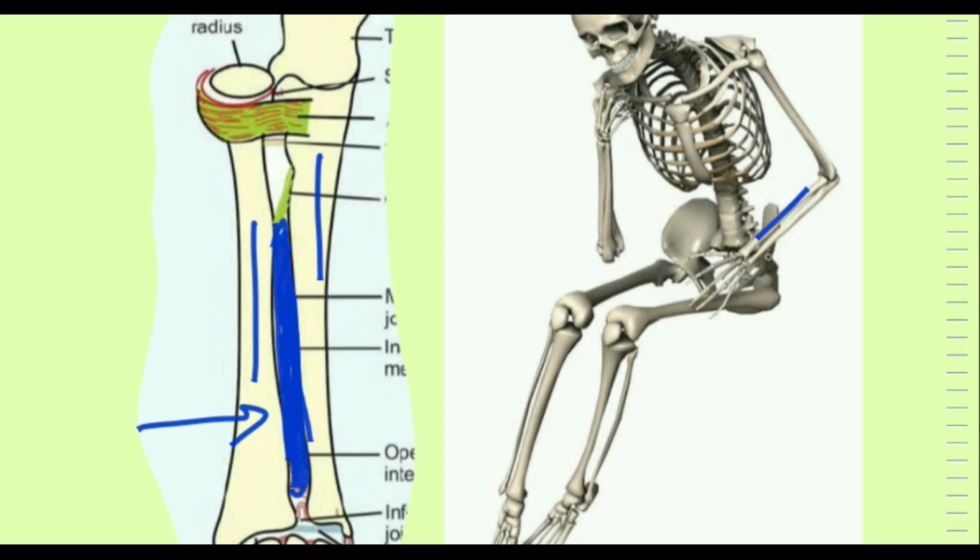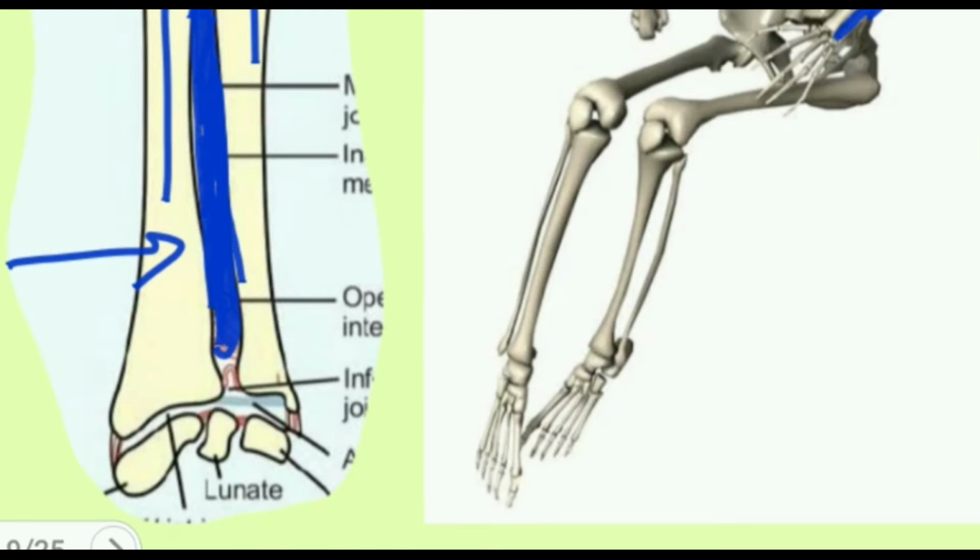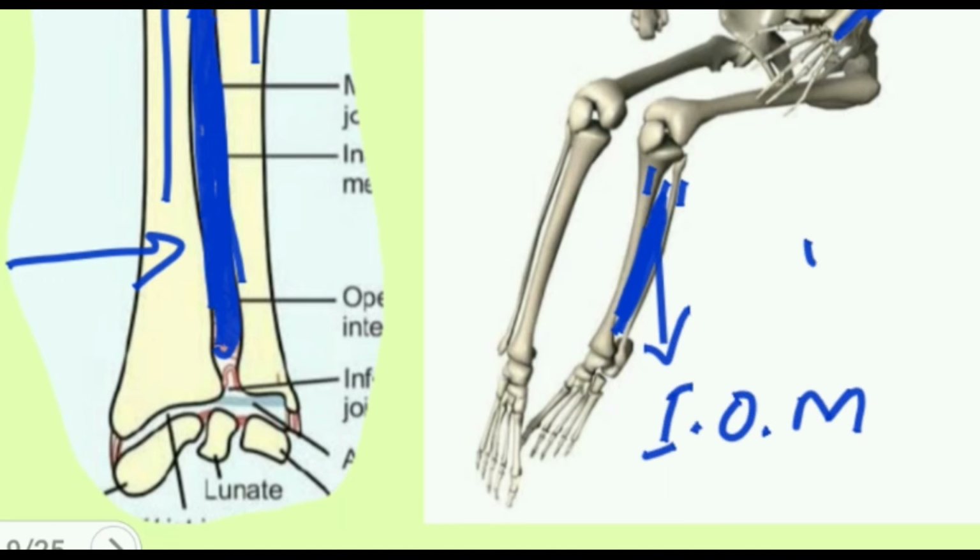Between the radius bone and the ulnar bone there is a membrane known as the interosseous membrane. Likewise, in the bones of the leg, tibia and fibula, in between they are joined together by a broad sheet of membrane known as the interosseous membrane. This is the typical example of the syndesmosis.